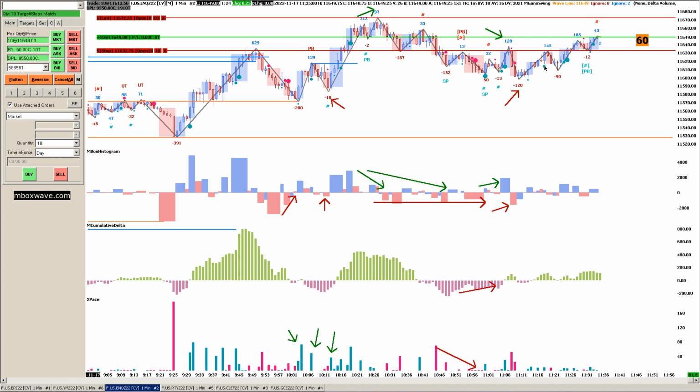Then demand came in. We got 128, 145, 185. So it's increasing. Supply is decreasing: 90, 12. I got in after this double algo, and we had these total controls. Do you see what's interesting?